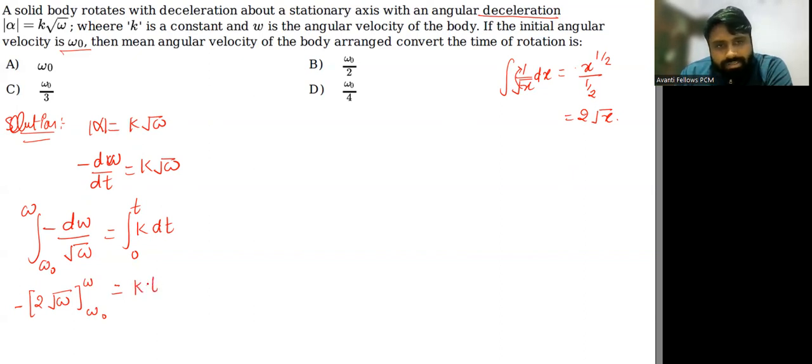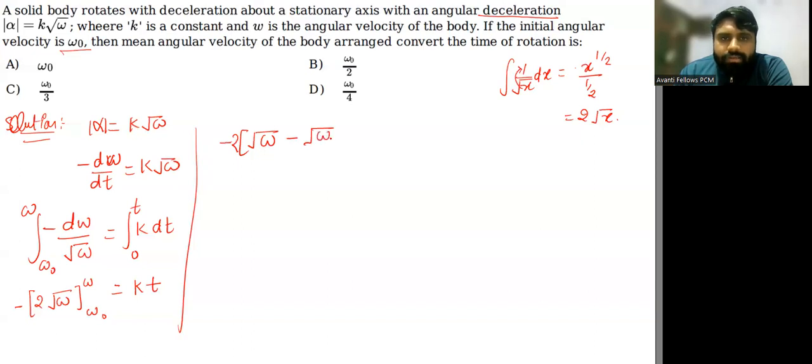It will become k into t. Now put the limit. So it will become minus 2, you can take common out. So it is root omega minus root omega naught. Okay. Equals to k into t.